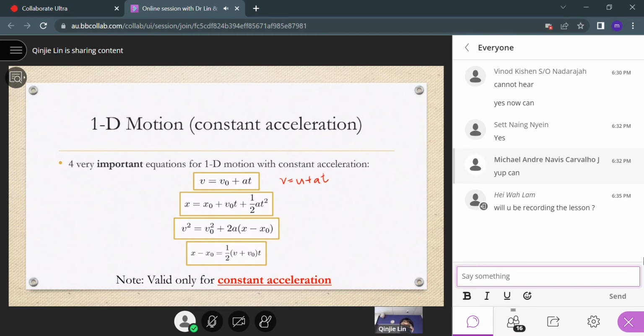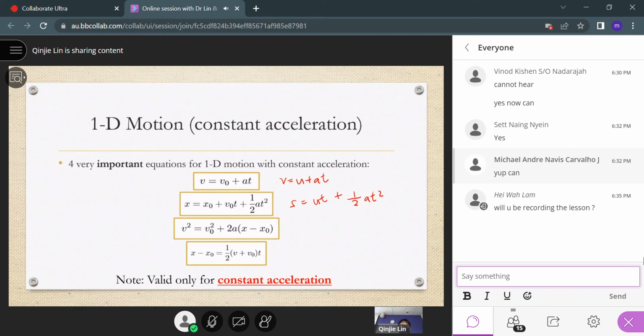The second one is easier to memorize: s equals ut plus half at squared. s stands for displacement, which is easier to memorize also.